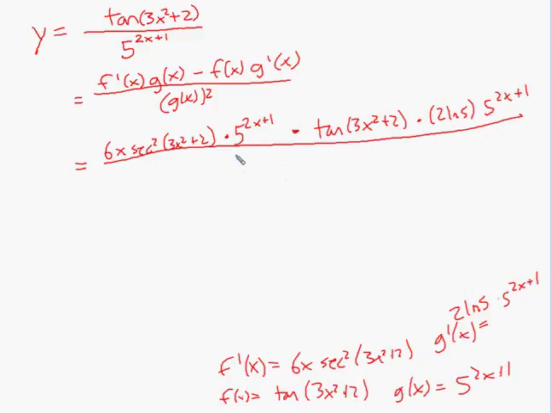So that's going to be 5 to the 4x plus 2. Why? Because of power to a power. What do I do? Power to a power. What do I do with the exponents? Multiply them. So that's where that comes from. So that is the final answer, dy dx.